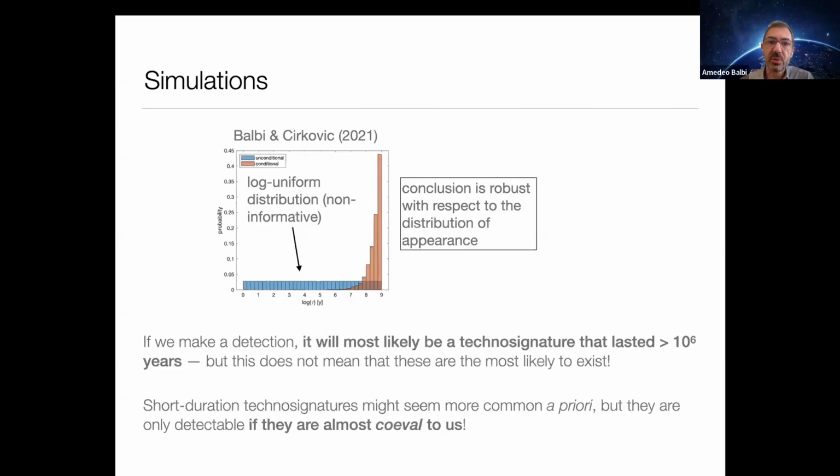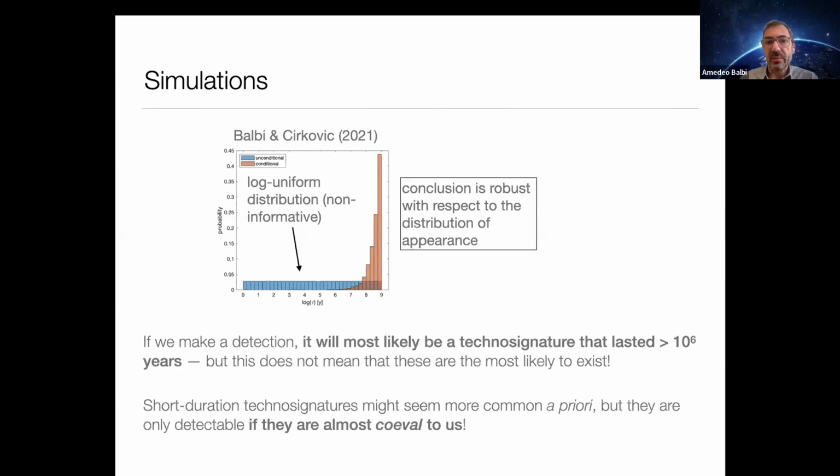You only pick up those that are very long-lived, and very long-lived means in excess of hundreds of millions of years. This conclusion is robust with respect to the distribution of appearance. You can change the time of appearance with various realistic distributions, Gaussian, uniform, whatever, and you still get that your observations will preferentially select the long-lived technosignatures.